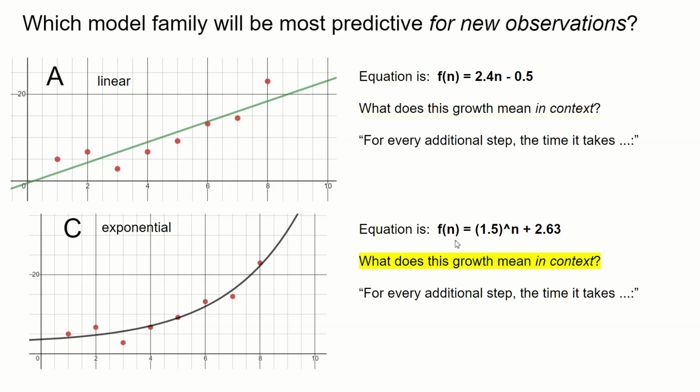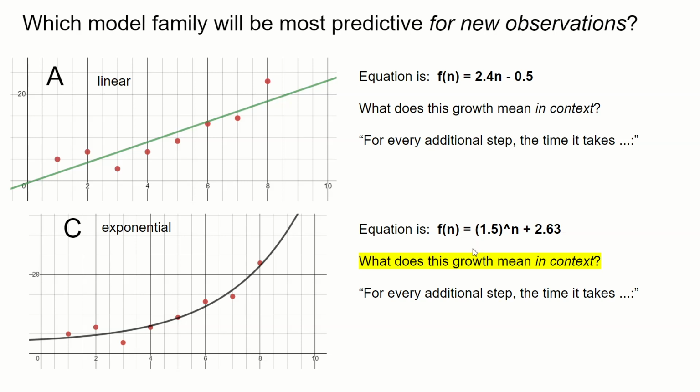So now think carefully about this exponential curve. The 1.5 is telling us the growth. What does that growth mean in context? Here it wouldn't be appropriate to say something like, for every additional folding step, the time increases by 1.5, because it's not really increasing by 1.5, or rather that's an ambiguous phrase that doesn't actually mean anything precise.